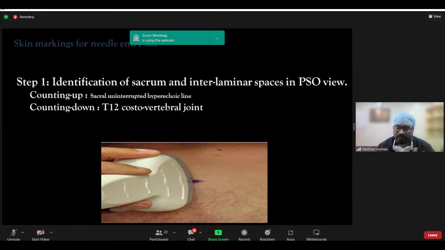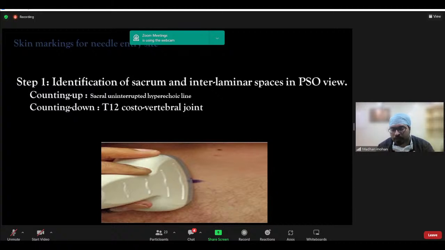Okay, scout scanning is nothing but you just scan the lumbar spine or the thoracic spine where you are going to do the procedure, and you just mark the needle entry point, and then the trajectory also you can identify and keep. Right. So real-time scanning is almost similar to what we discussed now.